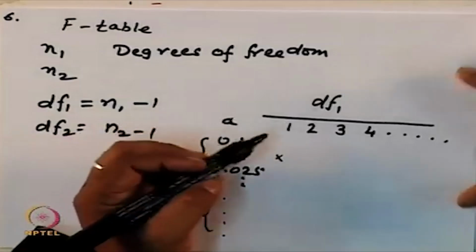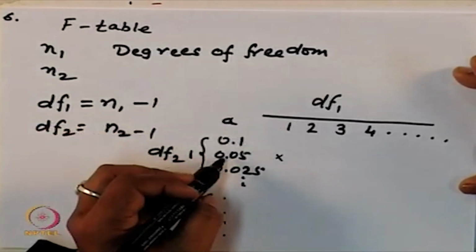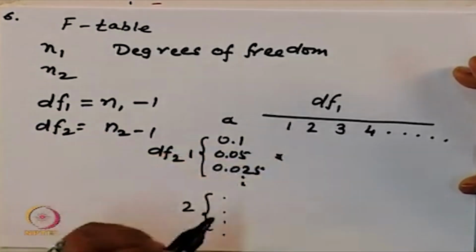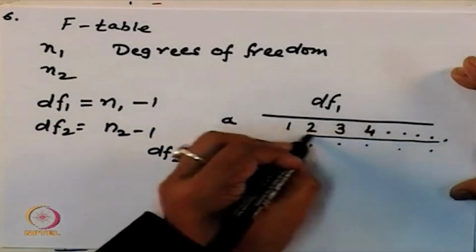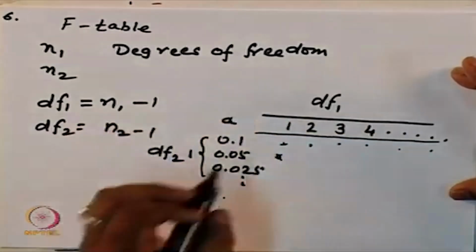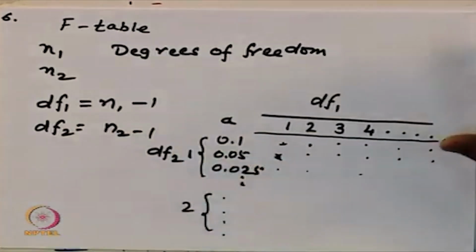For example, if my df1 was 1 and df2 was 1 and my significance level was 0.05, then this is the value I will choose. So, you have values written for all of this, corresponding to each combination.